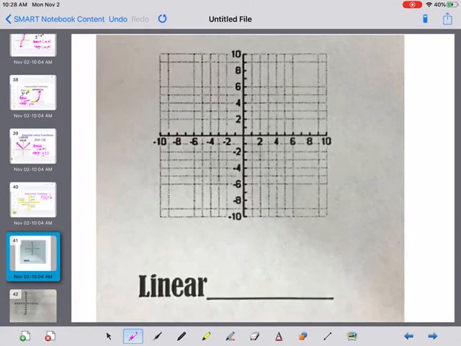It's going to look like a line. And where is it going to start at or go through? 0.